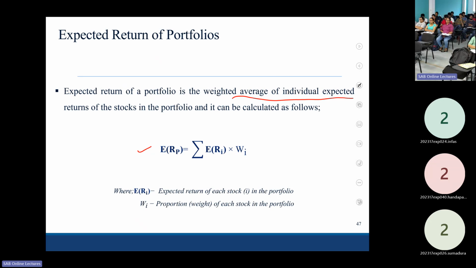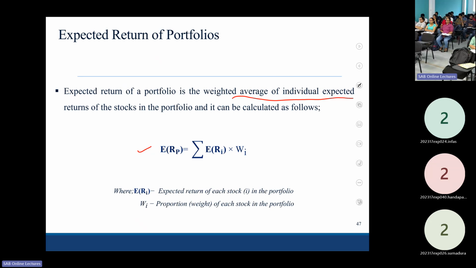If you have 10 stocks and have invested 1/10 each, then your portfolio expected return is the expected return of stock 1 times its weight, plus expected return of stock 2 times its weight. Likewise, you get the weighted average of individual stocks' expected return. That is the portfolio expected return. Weighted average.